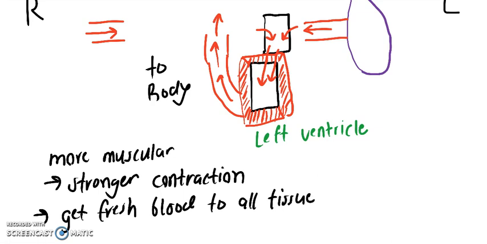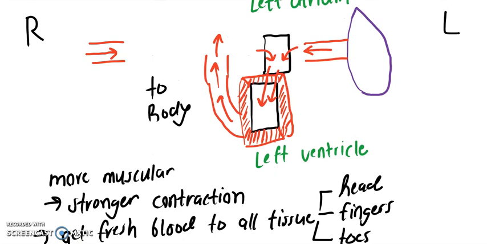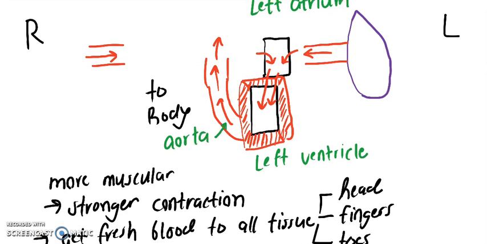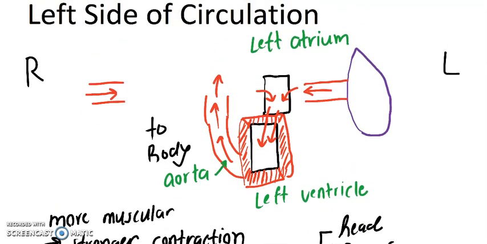If you think of your extremities, that includes the head. We also have to give it to your fingers and other extremities, including the toes. So you need enough force, and that force is generated partly because of the strong muscular wall. And this vessel here that exits from the left ventricle, we call this the aorta. It's a very large blood vessel. Okay, that is the left side of circulation.